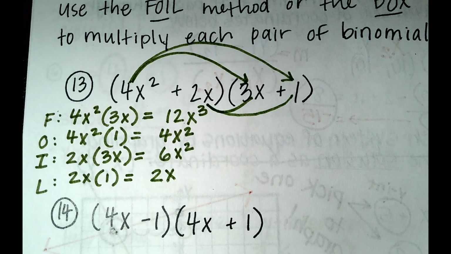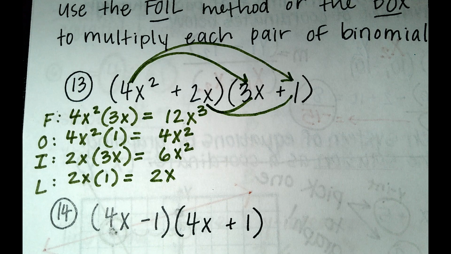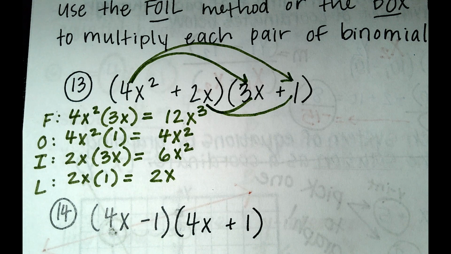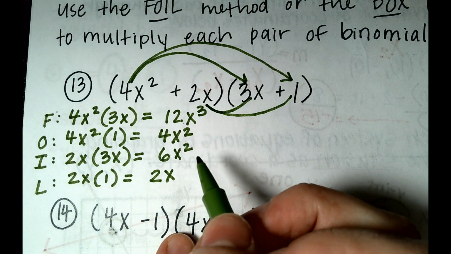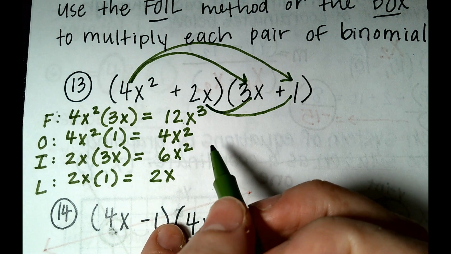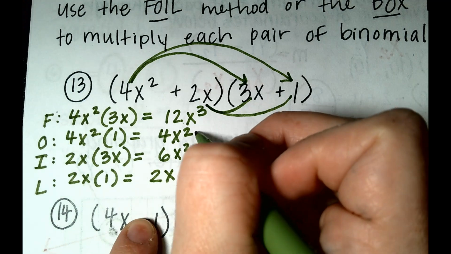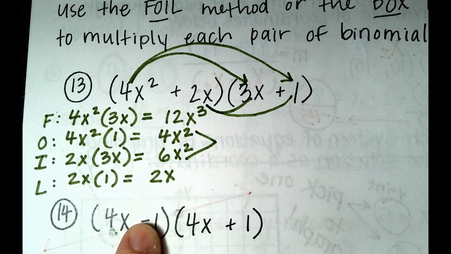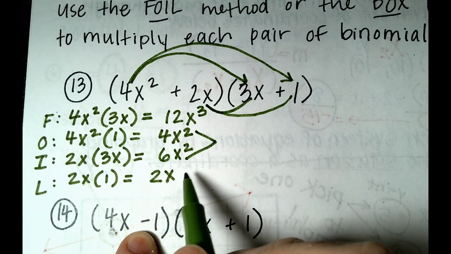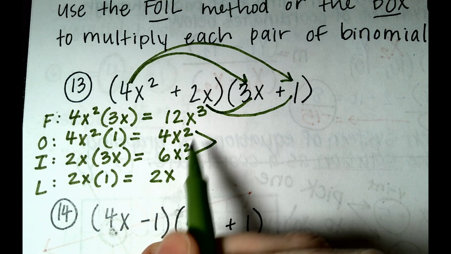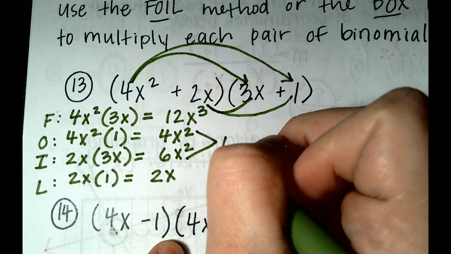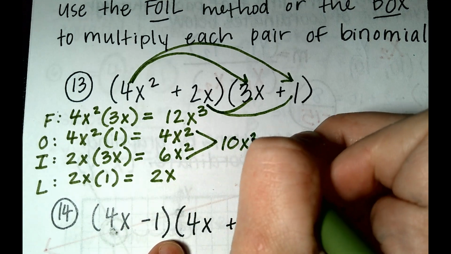Okay, so we have all 4 steps done, but what is the next thing I need to do? Yes. 4x squared and 6x squared are like terms. So we're going to combine those by adding and get 10x squared.